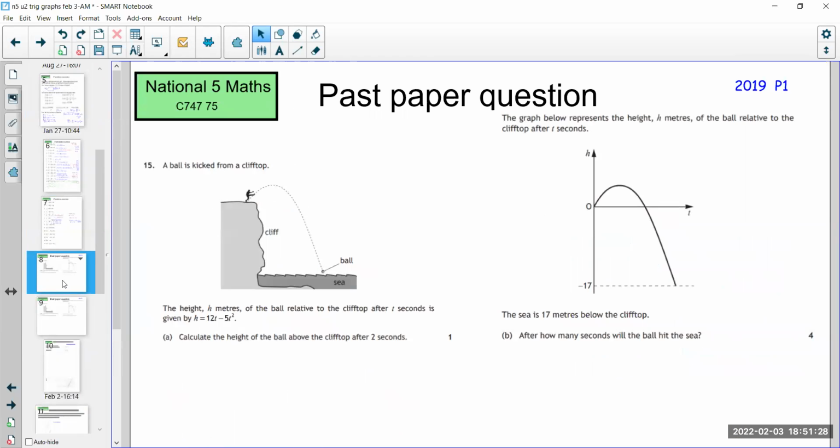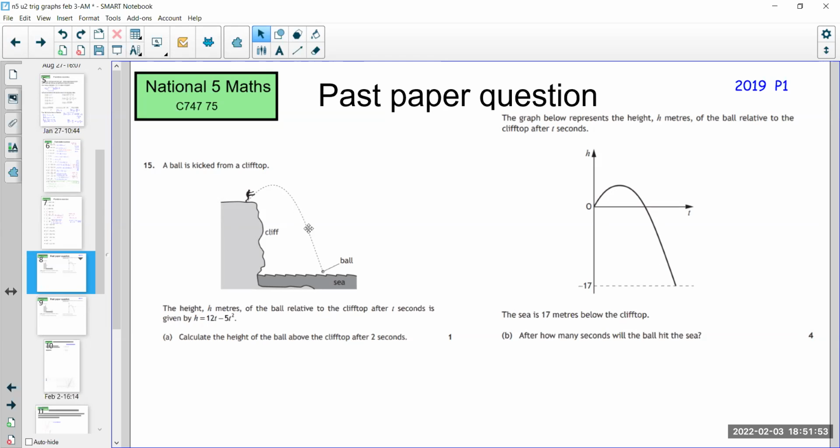So now I'm going to show you a past paper problem. Which year was that? 2019. It was paper 1. This is where factorization comes into play. I've got a bowl. Can you see it okay? It seems to be quite small, but I've got a bowl that is kicked from a cliff top in 2019.